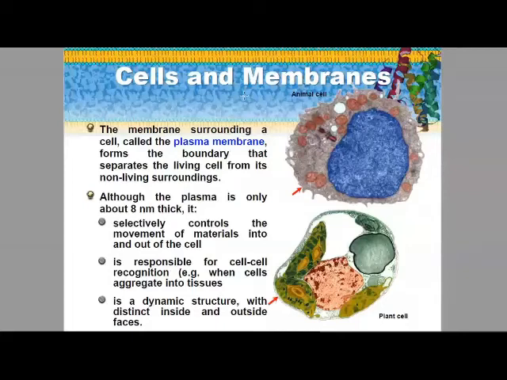So this structure is about 8 nanometers thick. Okay, and it has a selective control of the movement of materials into and out of the cell. This selective control is based on several factors.